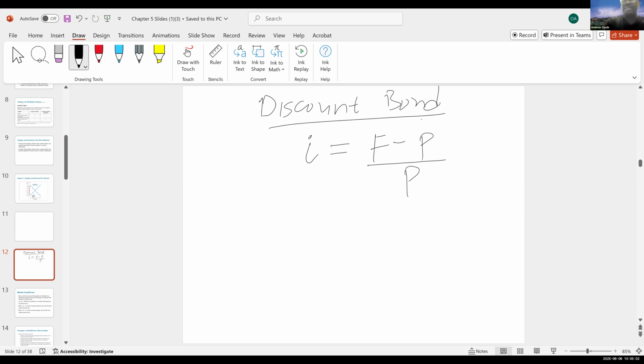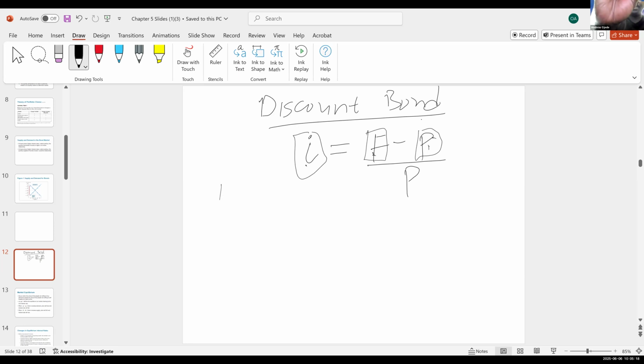So given the bond face value and the price of the bond, you can figure out the interest rate. Or if I give you the interest rate and the bond face value, you can solve for the price.